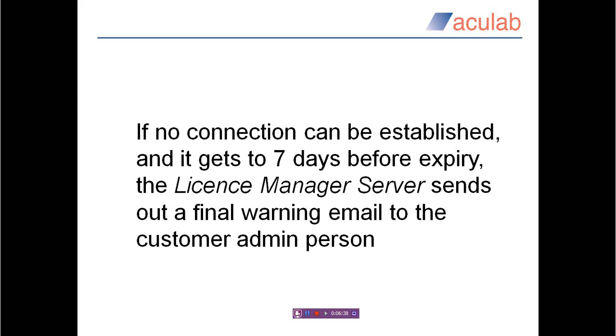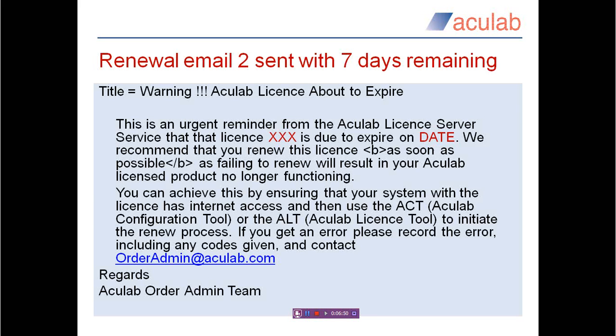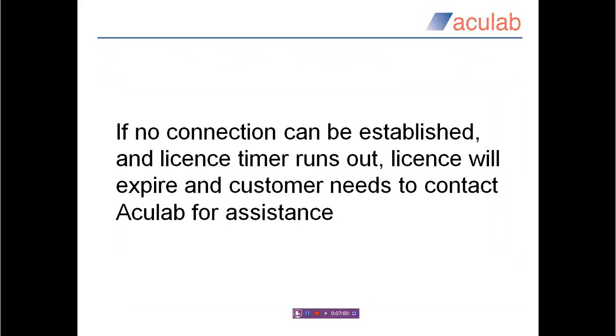So moving on with the process then, if we've tried to renew at 28 days and then at 21 days you get an email. If you get down to 7 days, you're going to get another email that the license is about to expire. So it's getting more urgent at this point.